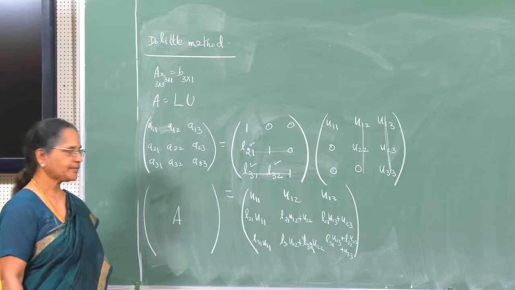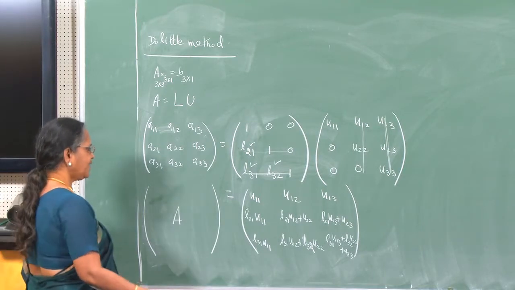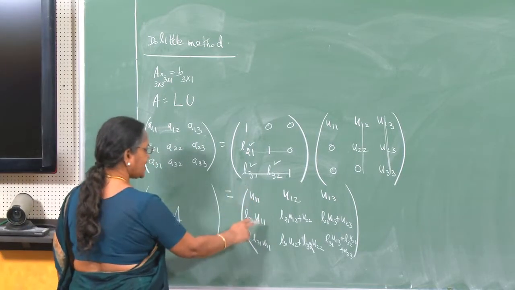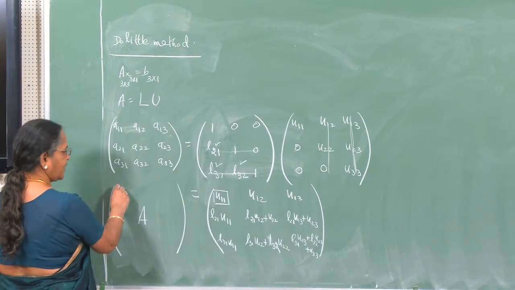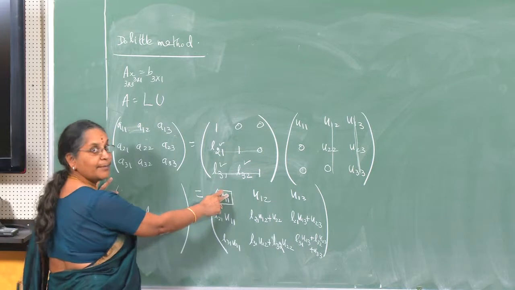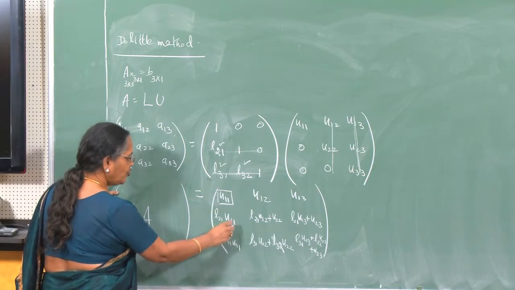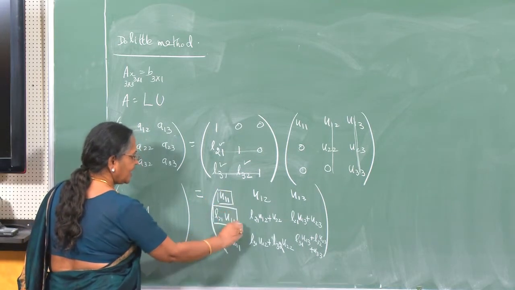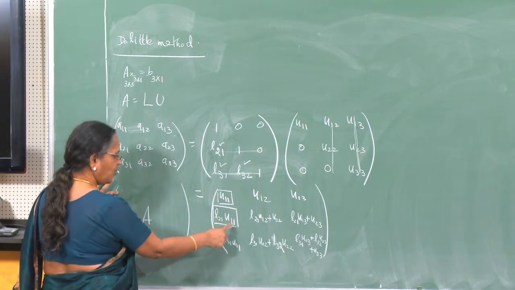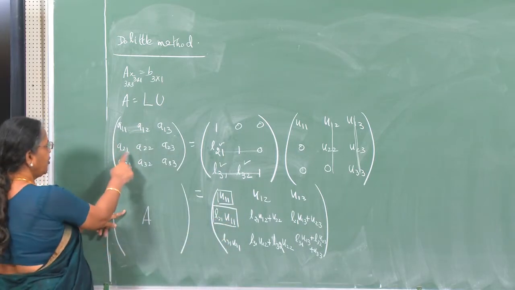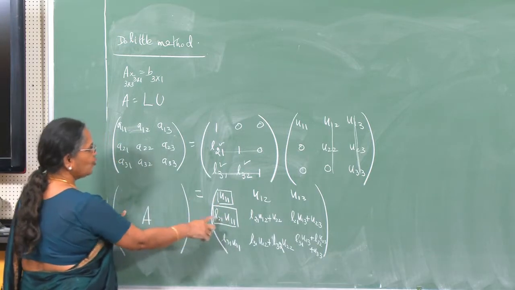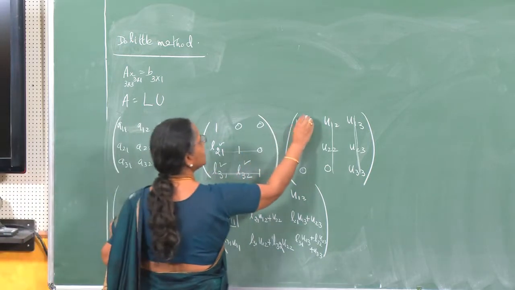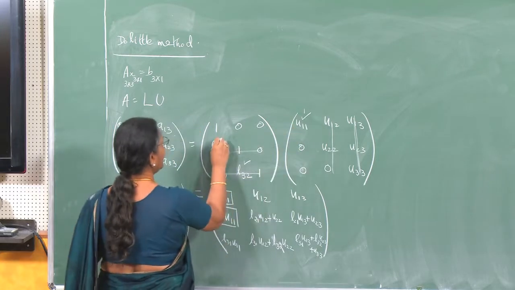So, we will be in a position to obtain these unknowns which appear in this matrix L into U. And you observe that you first equate U11 to A11. So, U11 is determined. Then you use the next equation, L21 U11 is A21. Because U11 is determined, L21 is determined.